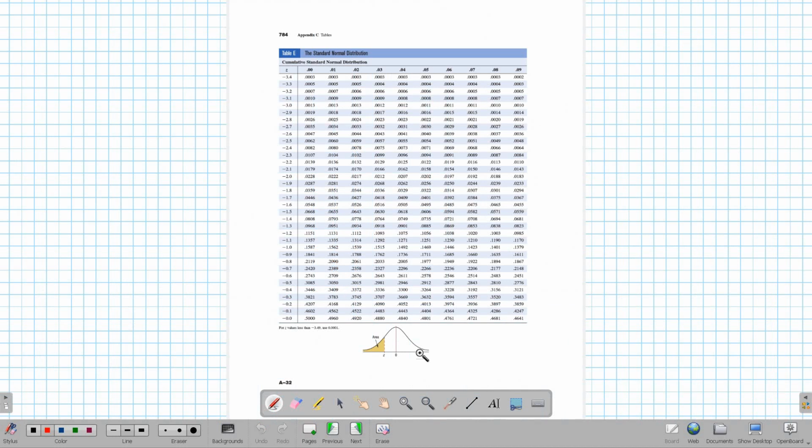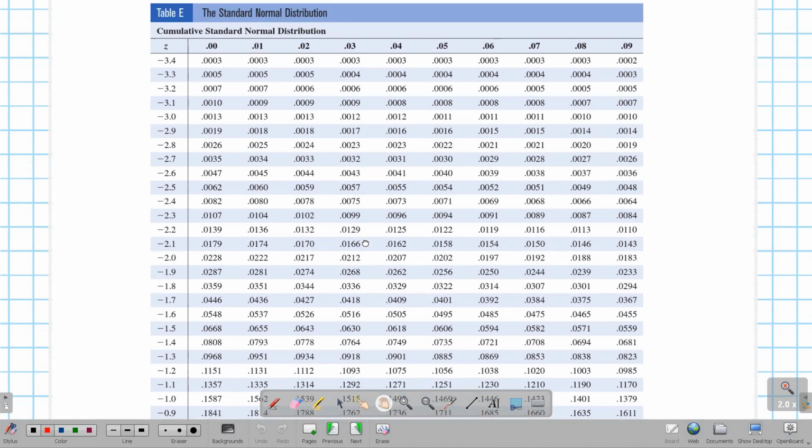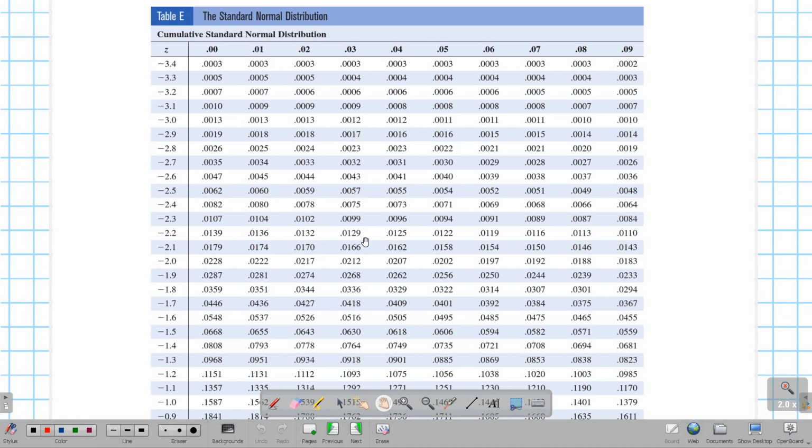Alright, so we have our Z table. Let's just zoom in. Now let's look for the negative because it's easier, for the one that has an area of 0.005. So this is here. This is 0.0051 and this is 0.0049. So therefore, since there's no exact 0.0050, we have to get the one in the middle.